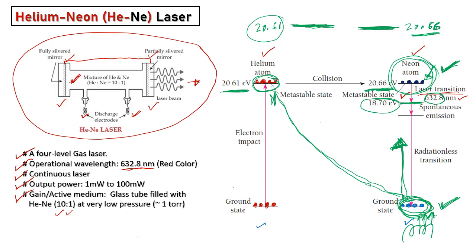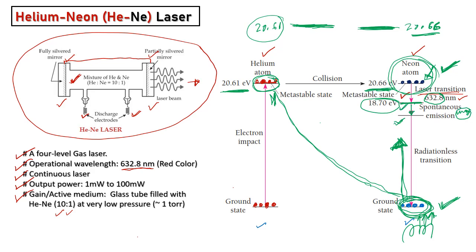Then another photon is spontaneously emitted in the transition to a lower metastable state, from this state to this state, and this transition yields only incoherent light. Okay, so the photons coming in this transition, which is spontaneous, are basically incoherent, they are not coherent.